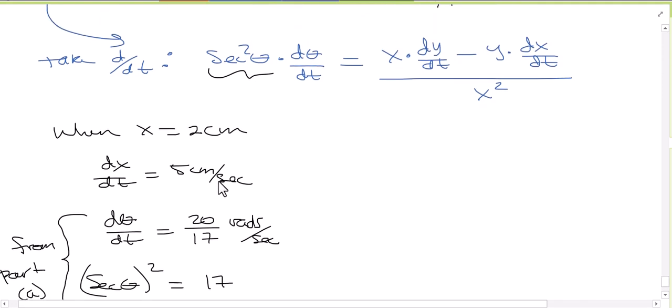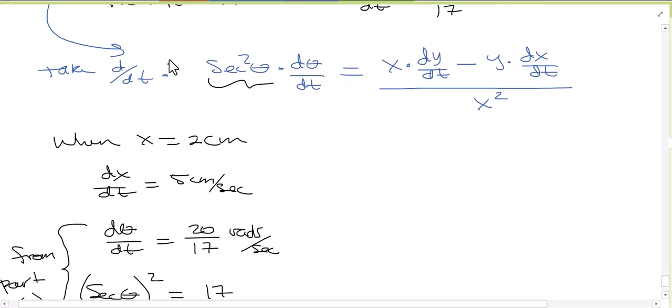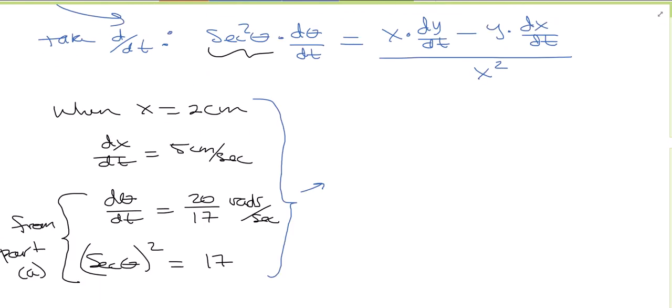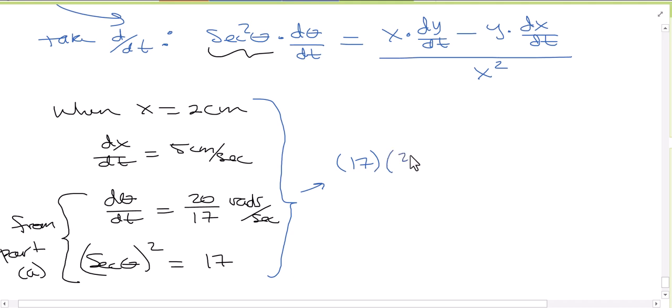Okay, so let's put all that in. Putting it all together, we're going to have secant squared, which I know from part A is 17, times d theta dt, which from part A we know is 20 over 17, equals x, which was given to us as 2, since we want to find things when x is 2, times dy dt, that's the thing we're looking for, minus y.